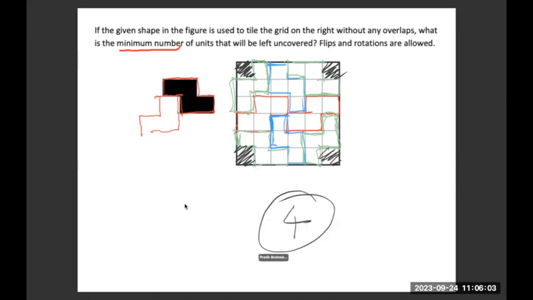So the answer to this is 4 blocks which will be left empty. The arrangement of the Z will actually be how it is shown, where I can fit in 1, 2, 3, 4, 5, 6, 7, and 8 such Z shapes in this, and 4 blocks will be left empty.